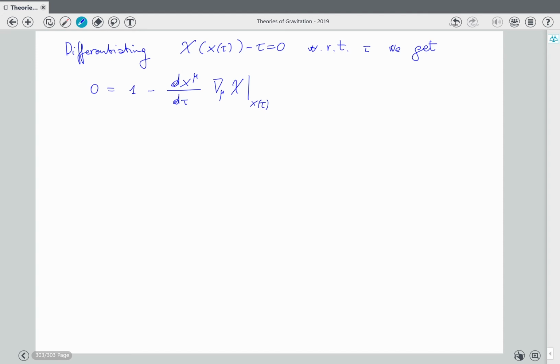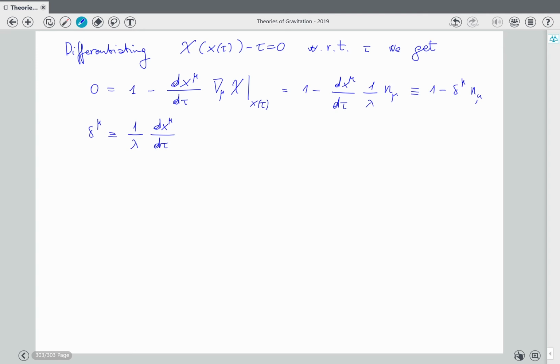And this, we could write as 1 minus dx mu over d tau times 1 over lambda, the normal, and we could also define this as some delta mu n mu, where delta mu is a vector that has a component along the normal.